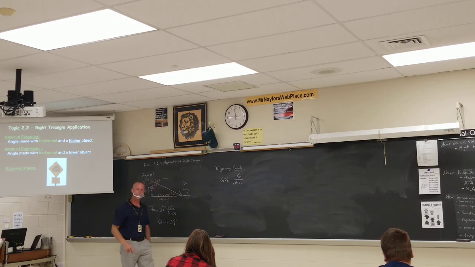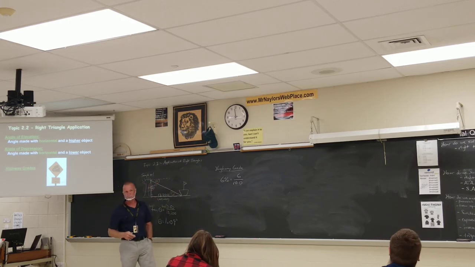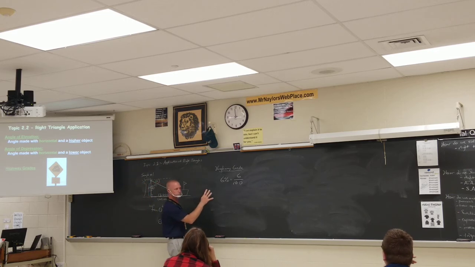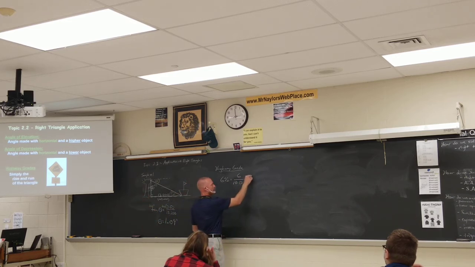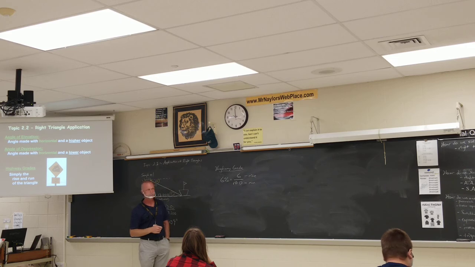Now you might be saying, what's that got to do with angles, or with triangles? Well, in math, when you have two numbers in a fraction form, they always represent the rise and the run. So 6 is the rise and 100 is the run of a triangle. Let me show you.